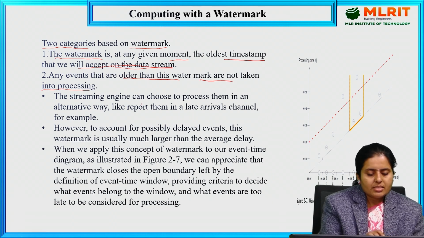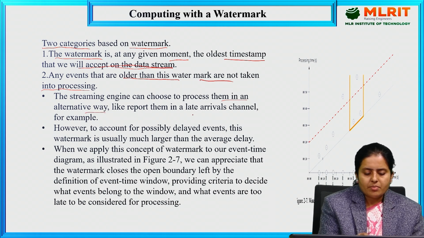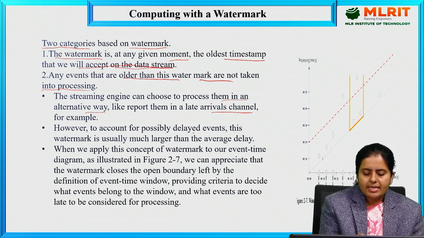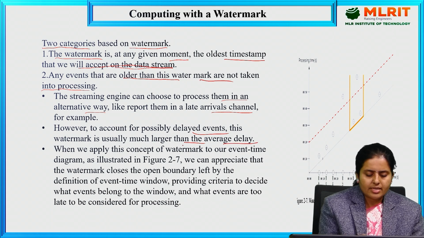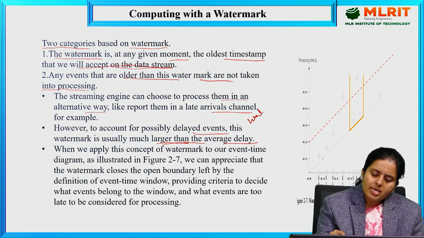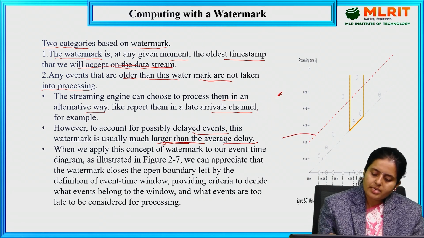The stream engine can choose to process them in an alternative way, like reporting them in a late arrival channel. For example, to account for possibly delayed events, this watermark is usually much larger than the average delay. Sometimes the watermark delay may be greater than the average delay. If you observe here, the watermark is represented with the red line.